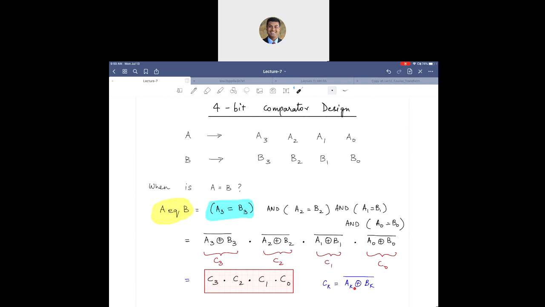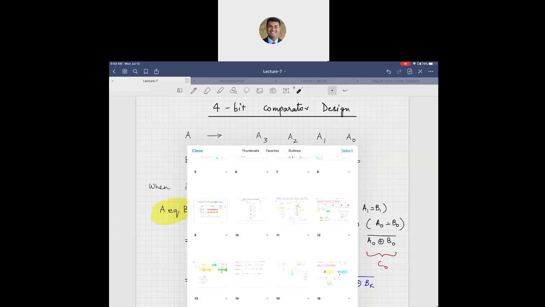I'll show you that. Exclusive NOR gate can be represented as this and this and this, all four. That's exclusive NOR. Now using those two, I'm going to try to show you how this guy is being sketched.